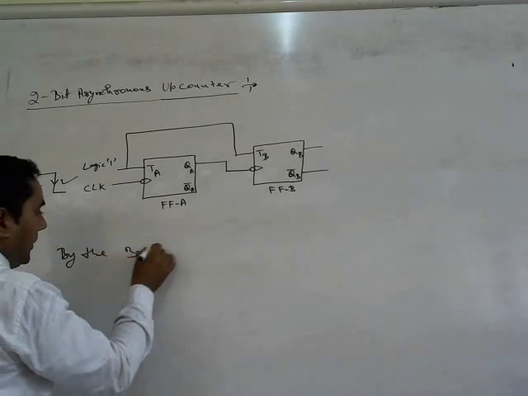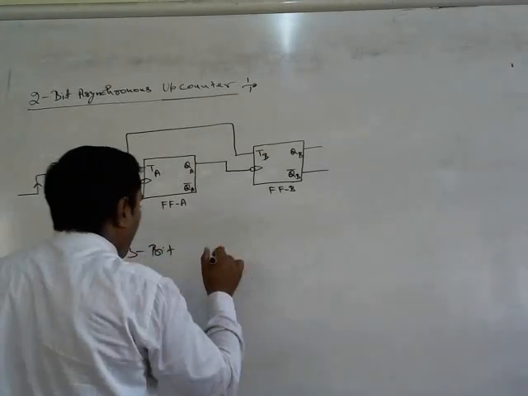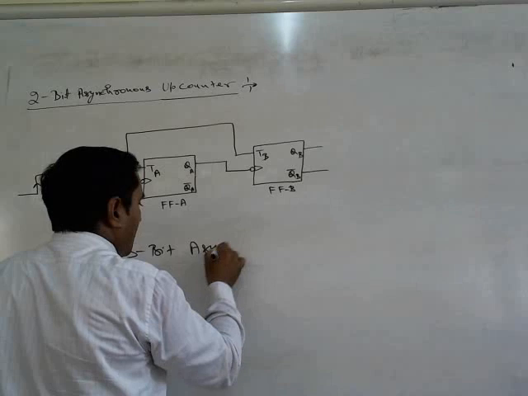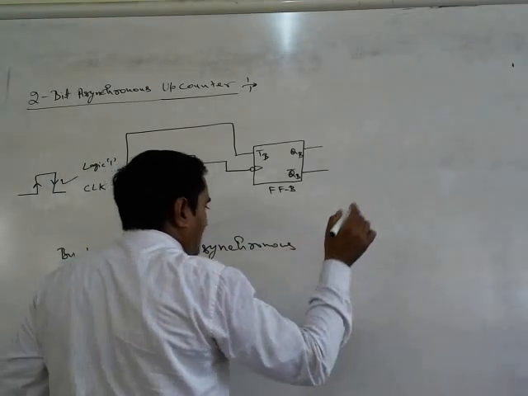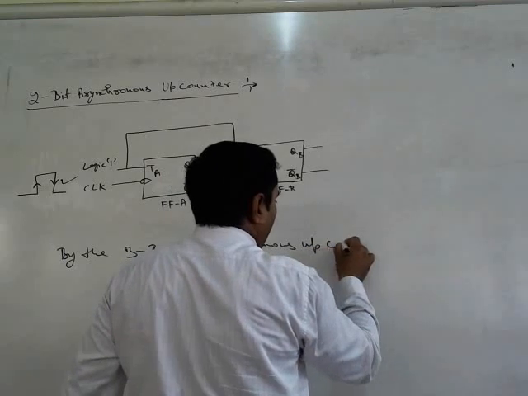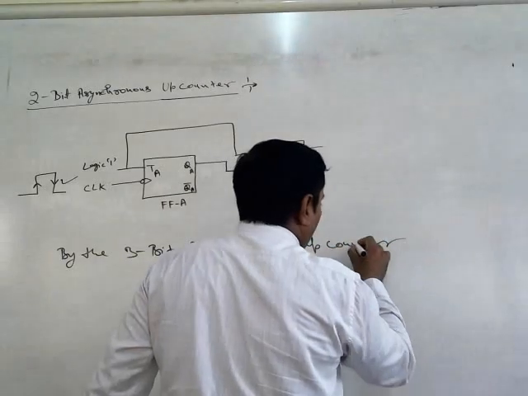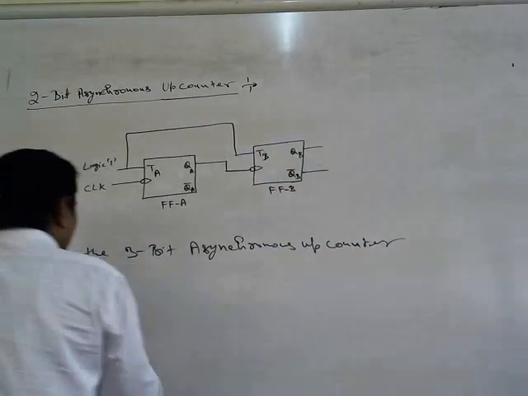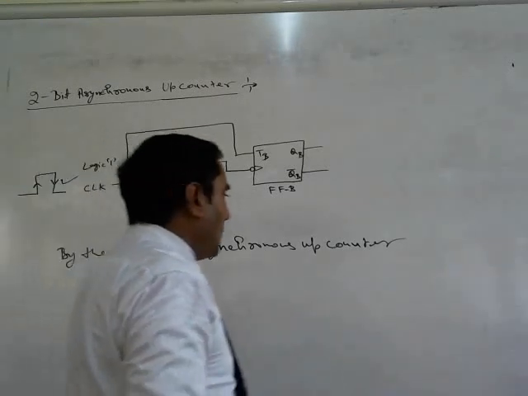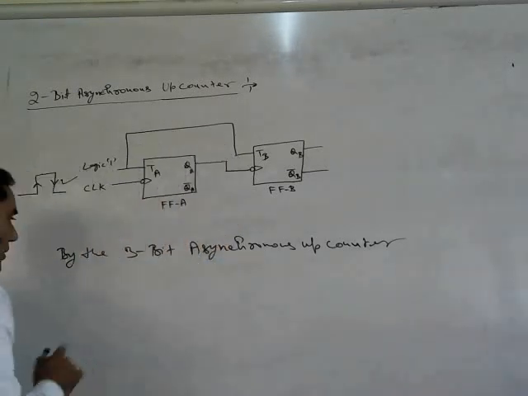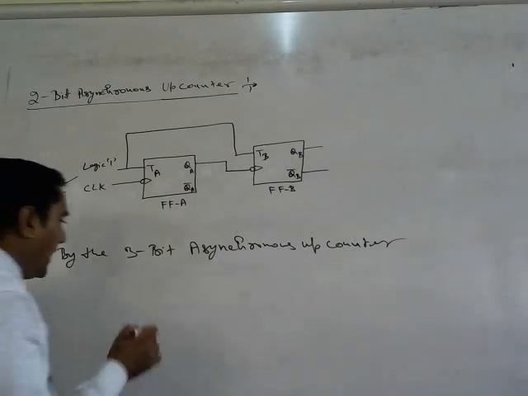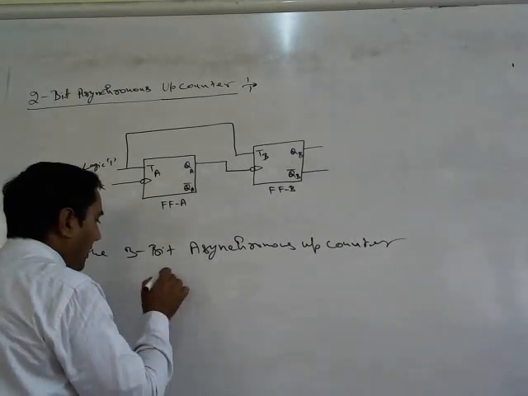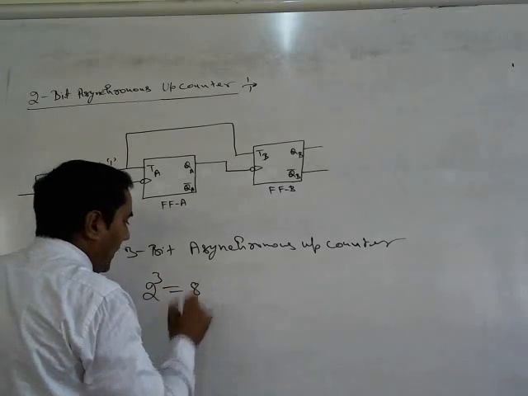Means by the 3-bit asynchronous up counter, we can count a total number of states that is 8.